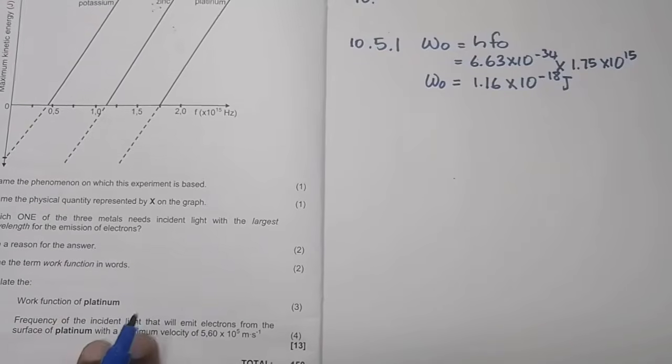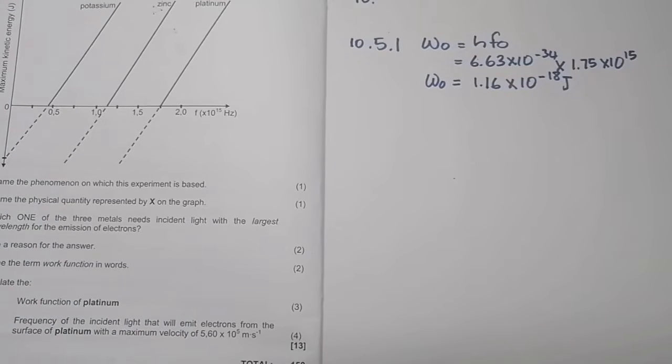The last question: calculate the frequency of the incident light that will emit electrons from the surface of platinum with a maximum velocity of 5.6 times 10 to the power 5 meters per second.